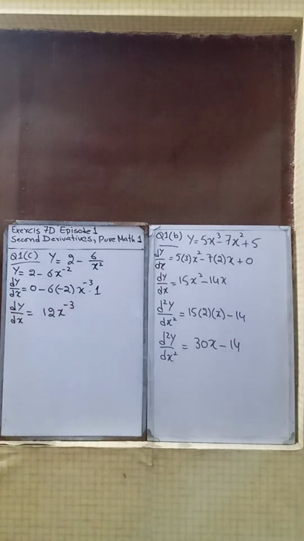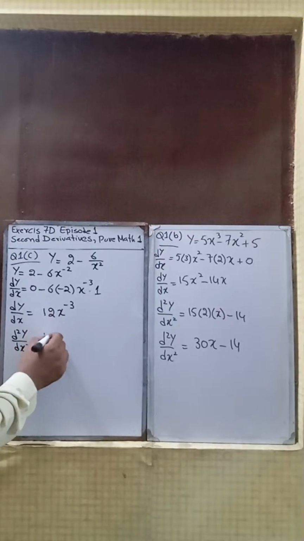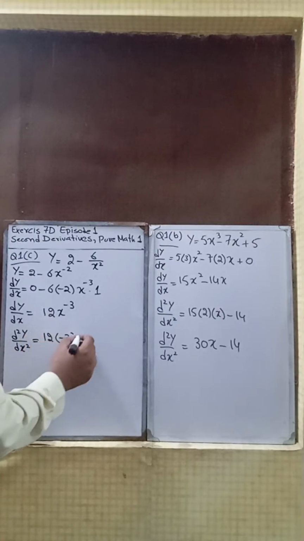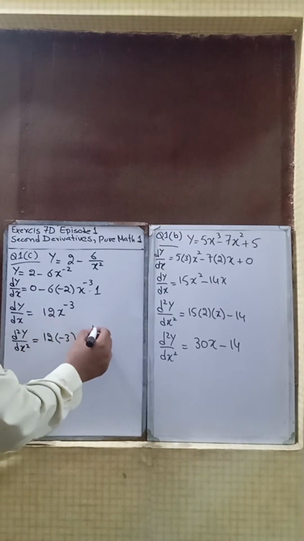Because I am going for the second derivative, I will do this differentiation again. So that will become d square y by dx square. This is the second derivative symbol. So 12 into minus 3, the power comes on the side, the power decreases by 1.